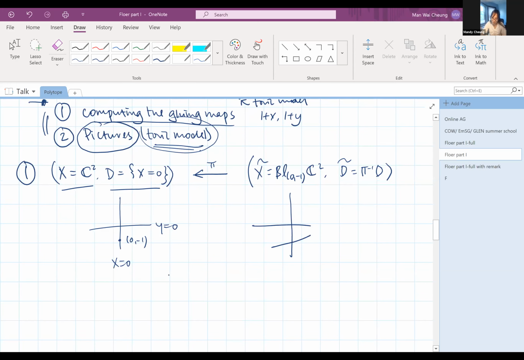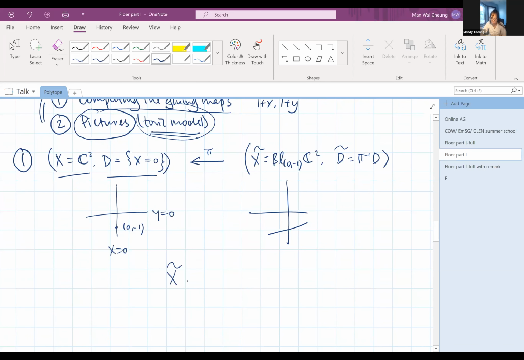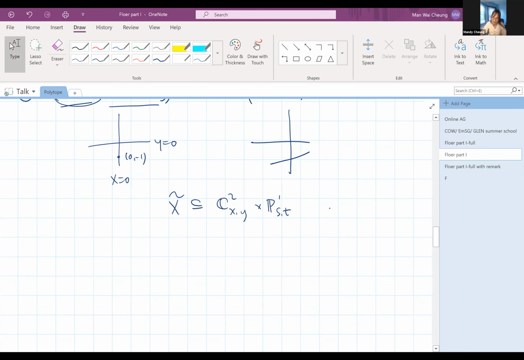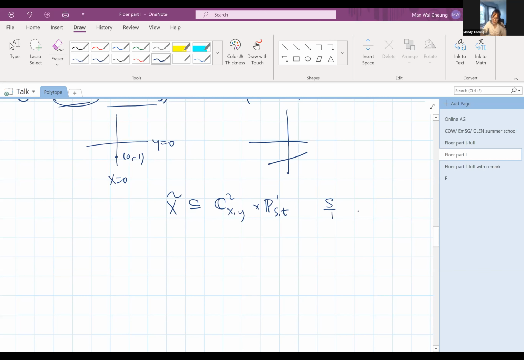And then this blow-up, if you open Hartshorne, or whatever algebraic geometry book, will start with this C2, the coordinates x, y, cross P1, with coordinate t, which has the relation t is x, y plus 1.